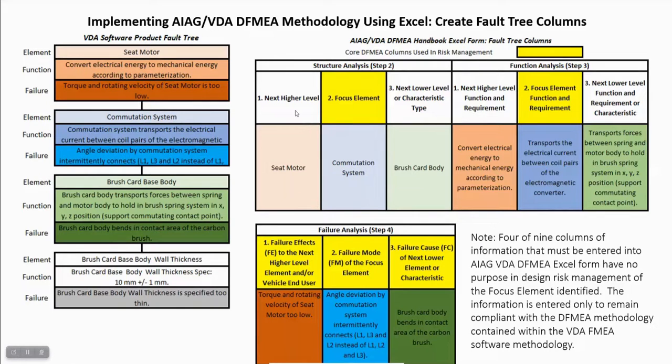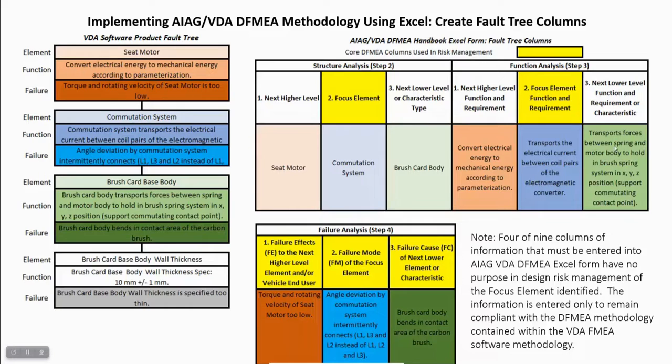But you'll see there's 4 other columns here that, in order to do a proper design FMEA at a seat motor level, at the commutation system level, I don't need. So of these 9 columns, I'm being forced to populate 4 that serve no purpose in the design FMEA.